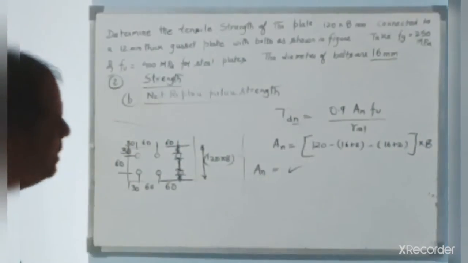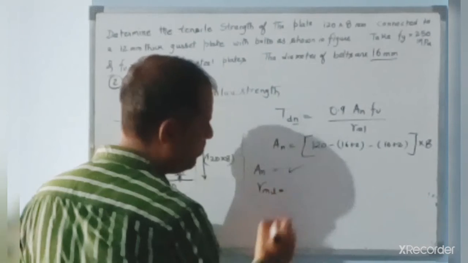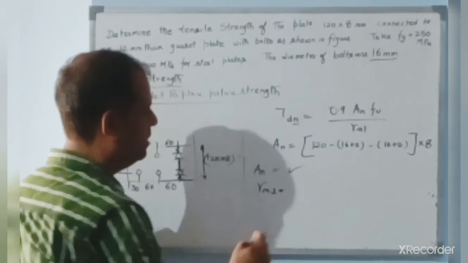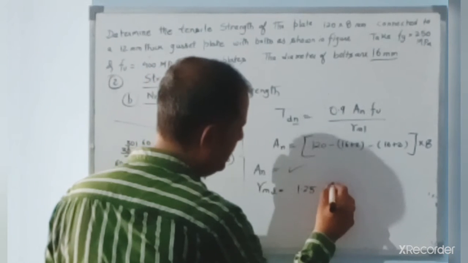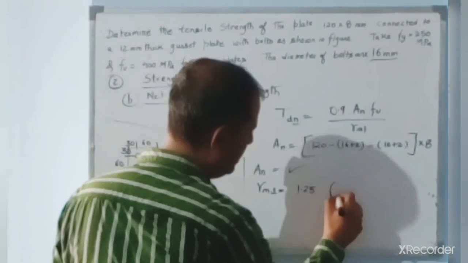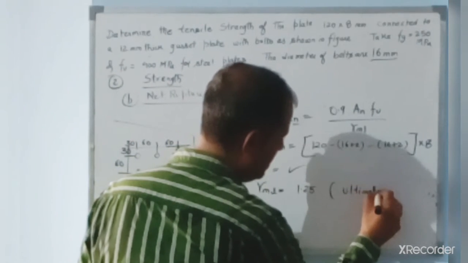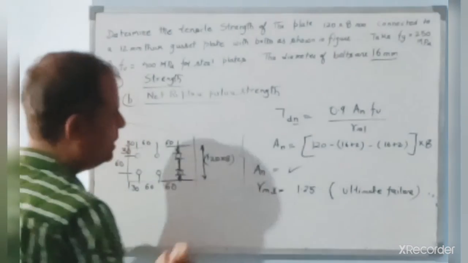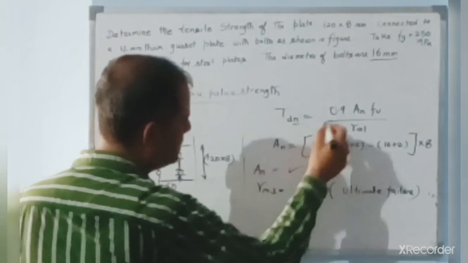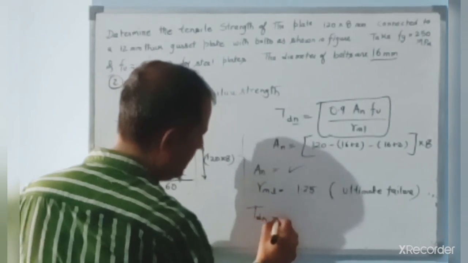We can easily calculate this. Gamma m1, that is the partial factor of safety, is taken as 1.25 in case of ultimate failure. So putting all these values together in this equation, we can calculate TDN.